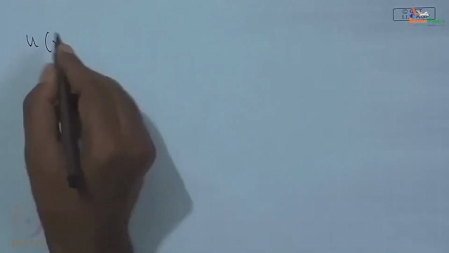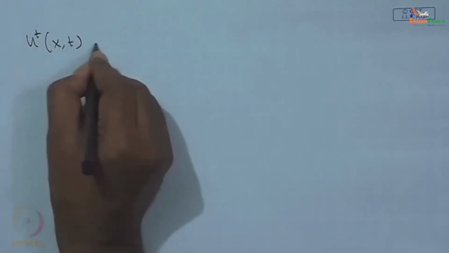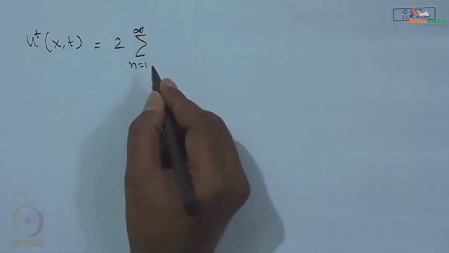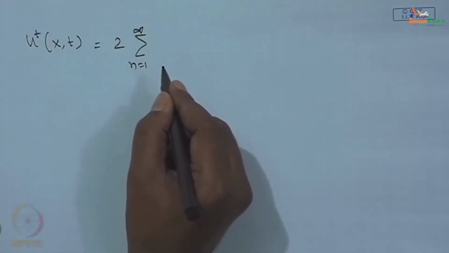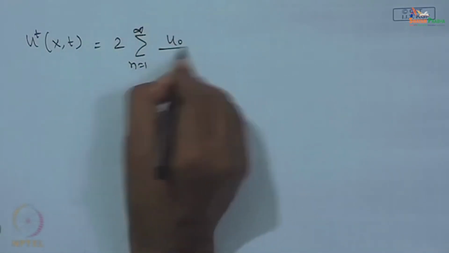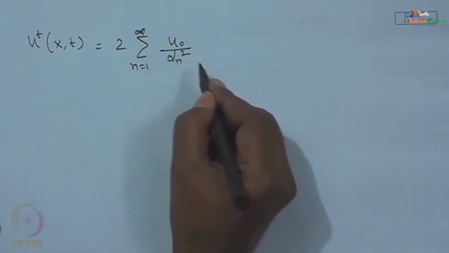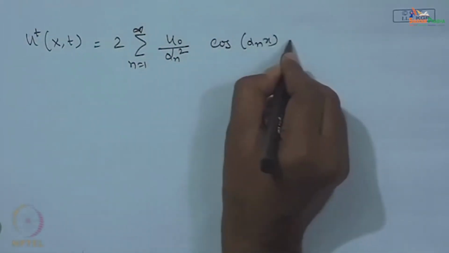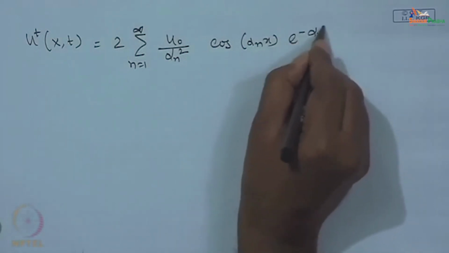The complete solution, u as a function of x and t, will be 2 summation n is equal to 1 to infinity. This whole integral becomes u0 by alpha n square cosine alpha n x e to the power minus alpha n square t.